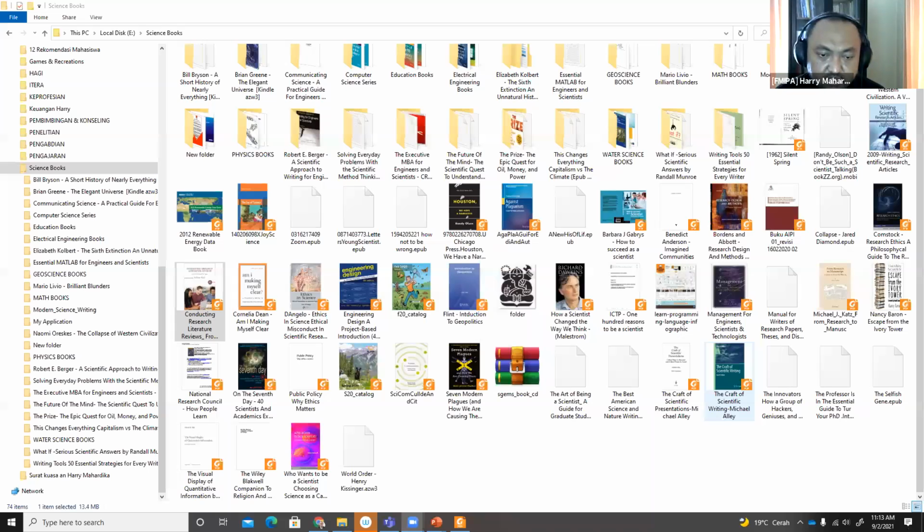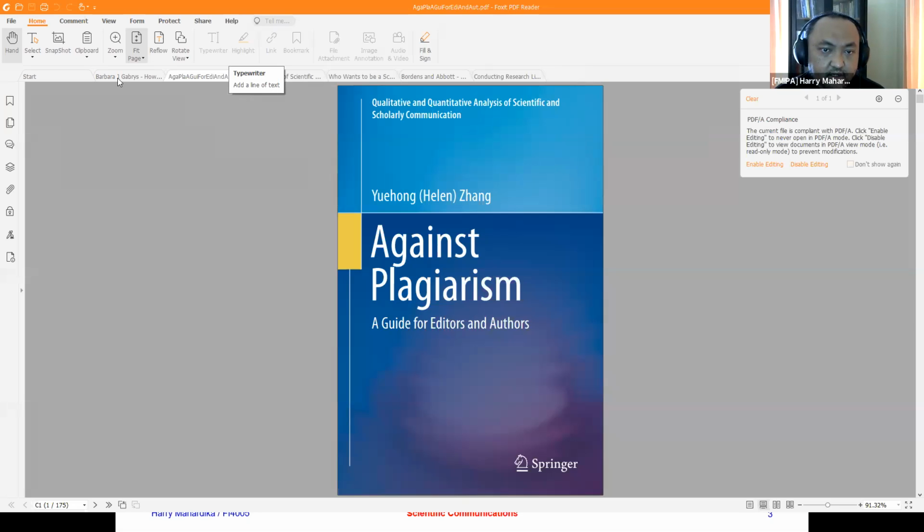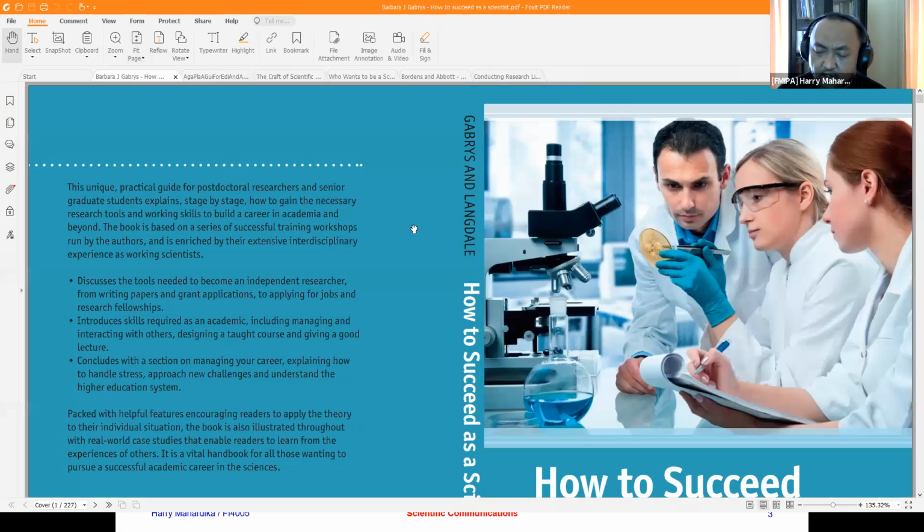Okay, so for those of you who can have access to books related to science communication, we can read some relevant books, such as How to Succeed as a Scientist.